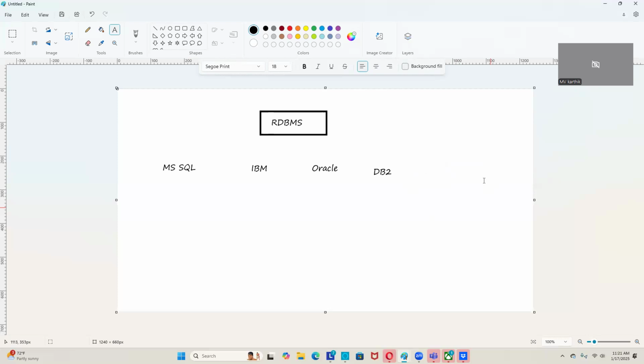These tools are called relational database management systems.